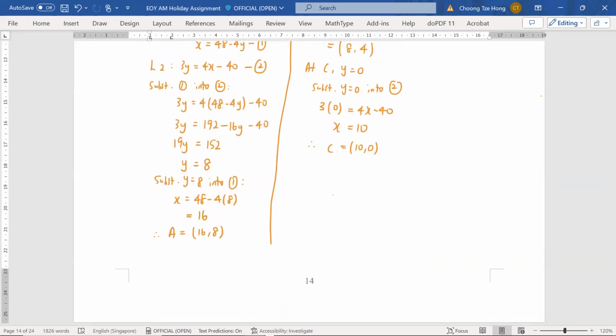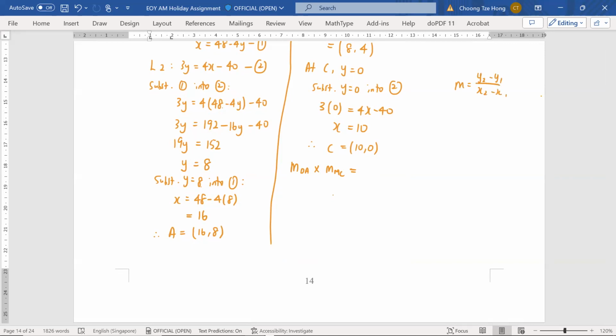So over here, for the gradient of OM, you can either use OM or OA, because O, M and A lie on the same straight line. So, MC. The formula for the gradient of a line is (y2 minus y1) over (x2 minus x1).